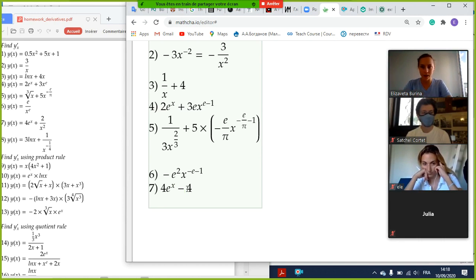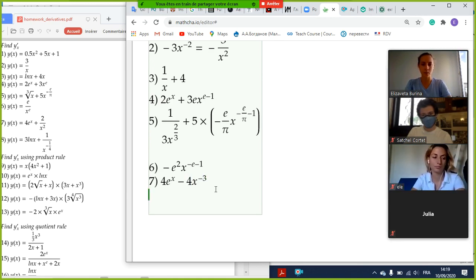So eventually we get minus 4. And then the power of x will be minus 3. That's right, right? So the same logic as for e. So here we have negative, because the power was negative, and the exponent for x is just smaller by 1.